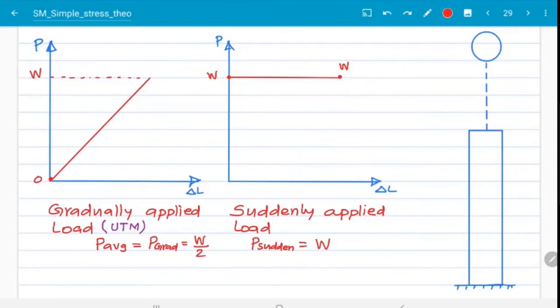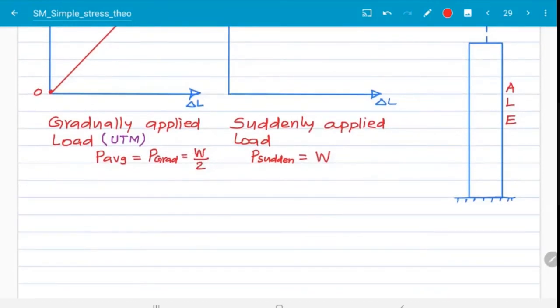All of you see here, the weight is W, dropping height is H. The original material cross-section area is A, length is L, Young's modulus is E.